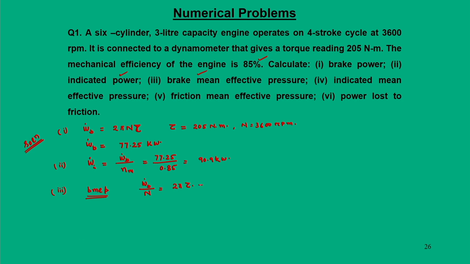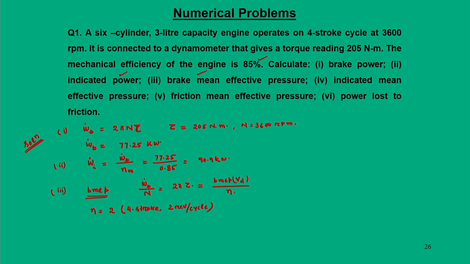And this expression can be written as BMEP into VD divided by n, where VD is the displacement volume, and n is equal to 2 revolutions per cycle for a 4 stroke engine.